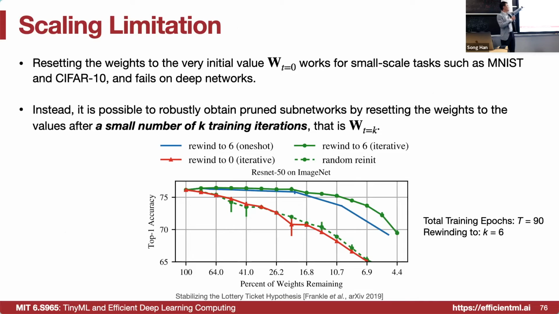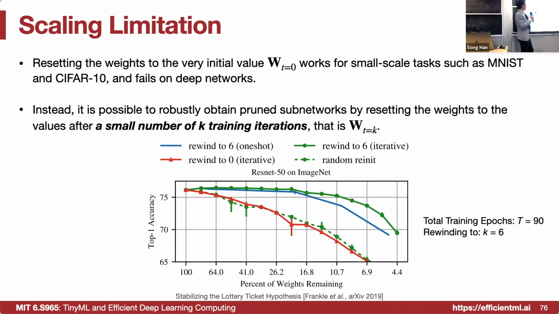But instead, it is possible to robustly obtain a good subnetwork by resetting the weights not to W_0, but after a small number of k training iterations, which we need to manually explore, rather than rewinding everything to W_t equal to 0. We want to reset it to W_t equals k. Okay, so that we can still recover the accuracy on large scale datasets like ImageNet.